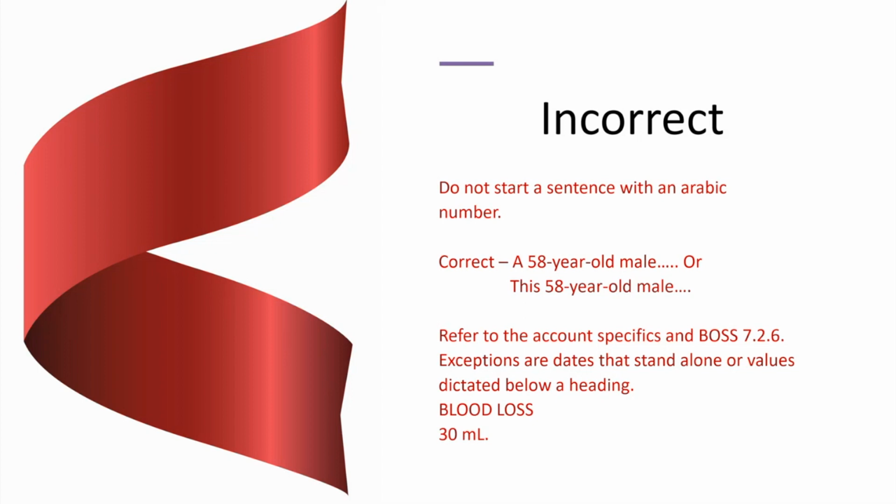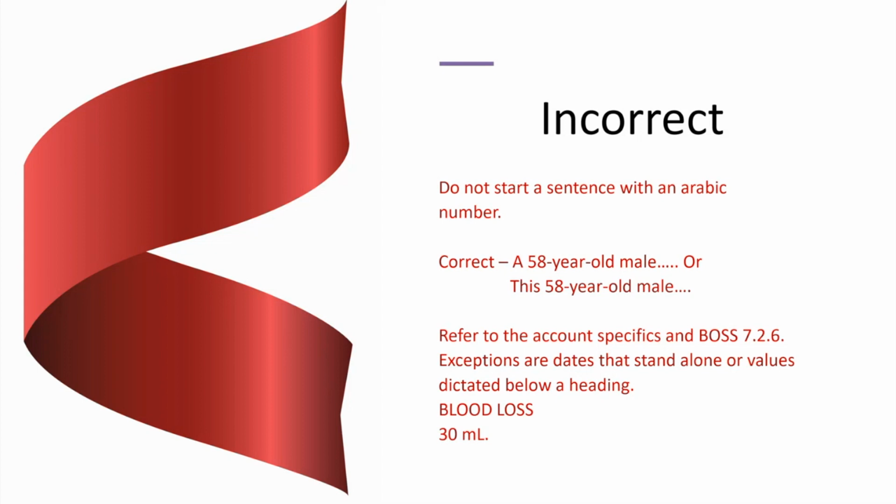So remember, if you have this situation, we can add a small word like a or the to alleviate the issue. Or the number could be written out. However, as our account specifics advise, we should use Arabic numbers, so we should always try to accommodate that first. If we can solve this issue with adding a or the in front of it, issue solved.